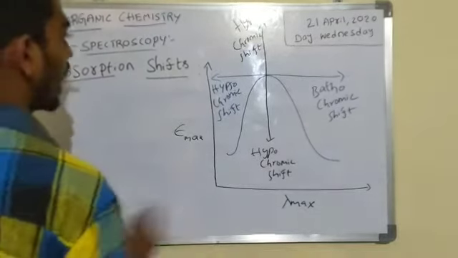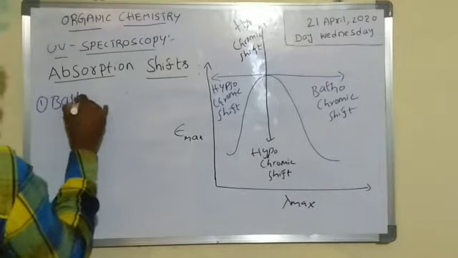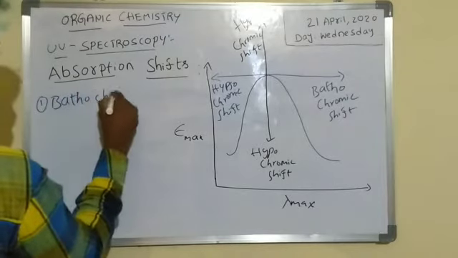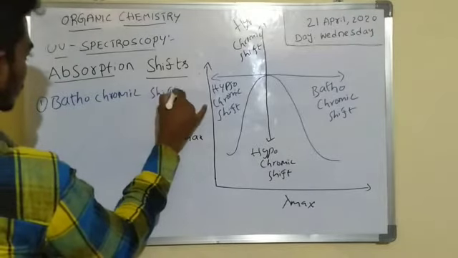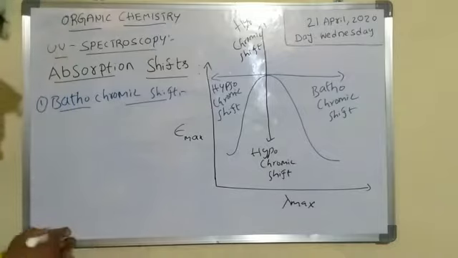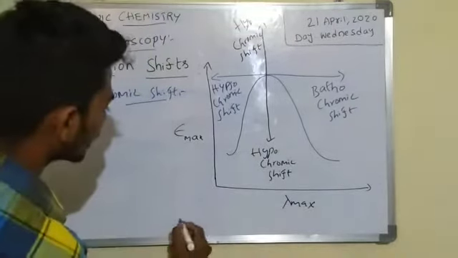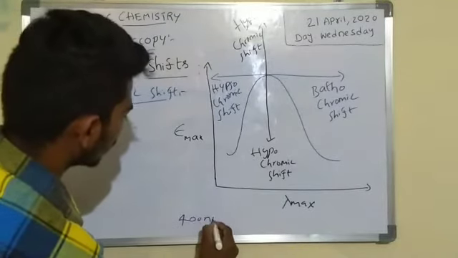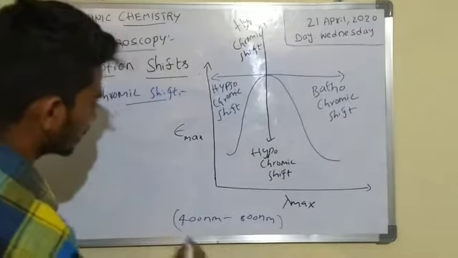First one, that is bathochromic shift. Before we go into this, we know the visible region is 400 nanometers to 800 nanometers.